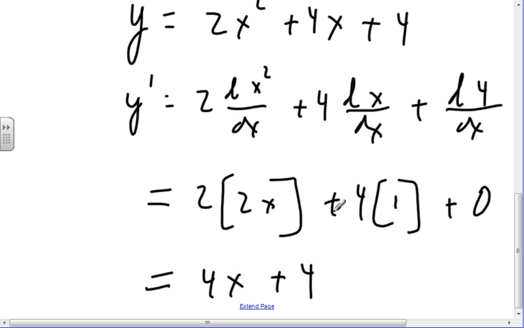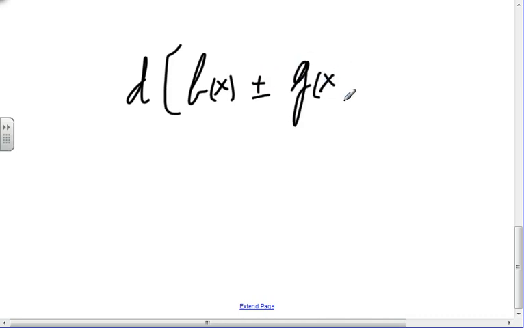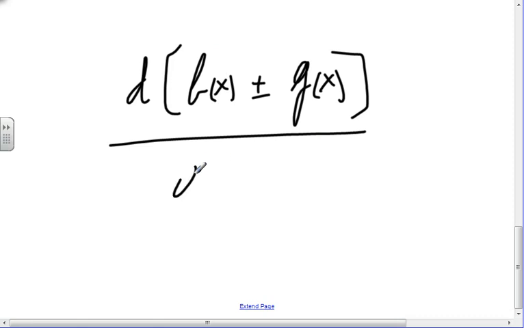Okay, turn the page over. On the bottom of 682, we have 2 other rules that deal with linearity of the derivative. So if I have the derivative of f of x plus or minus g of x, we'll do them both at the same time with respect to x.